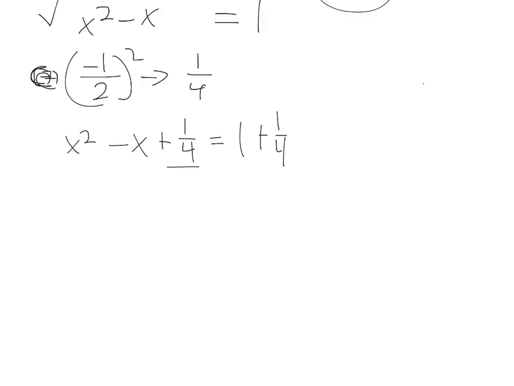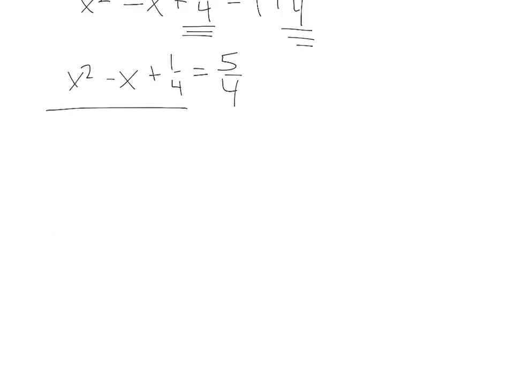You can see I put that new c here, and remember it's an equation, so we've got to keep it balanced, so there we go. I'm going to go ahead and simplify or combine like terms. And I get 5/4.